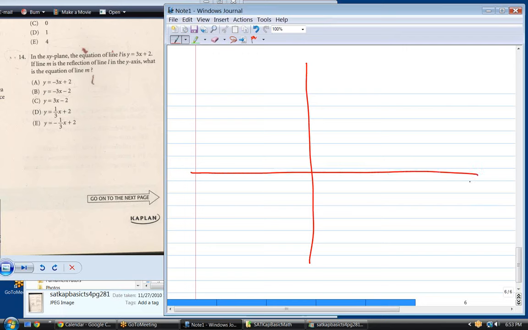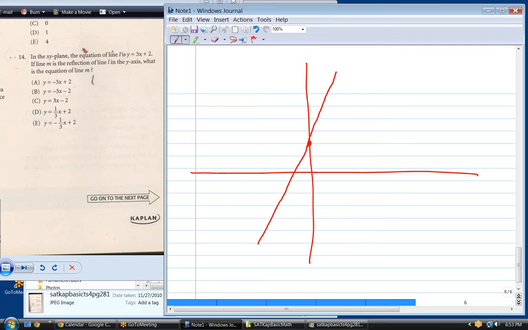The first thing we want to do here is graph line L. Okay. Where's its y-intercept? 2. What's its slope? 3/1.